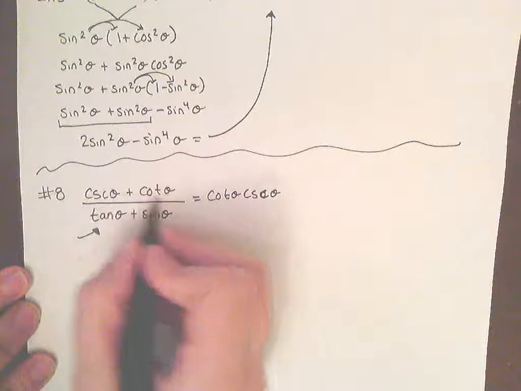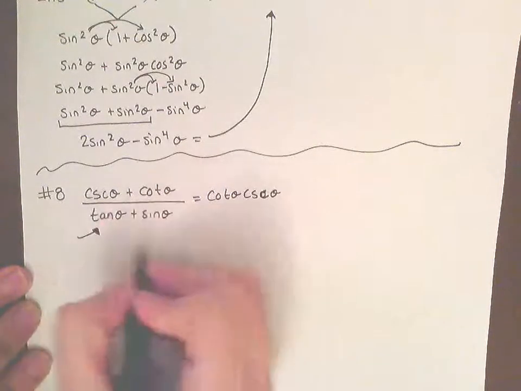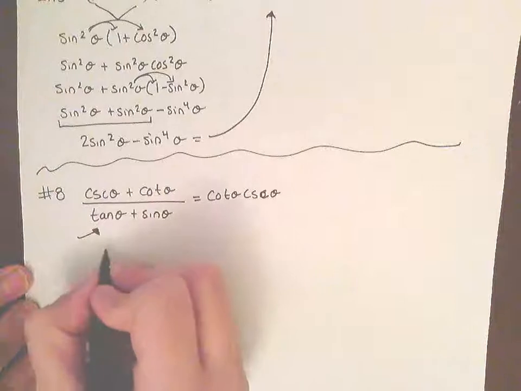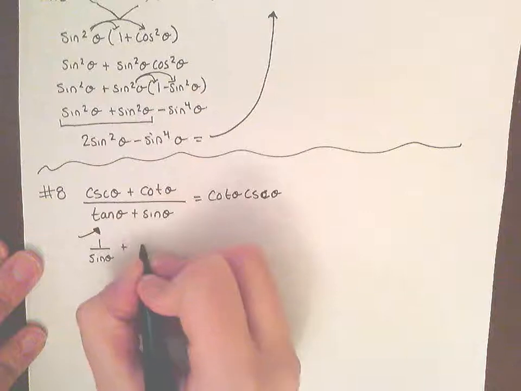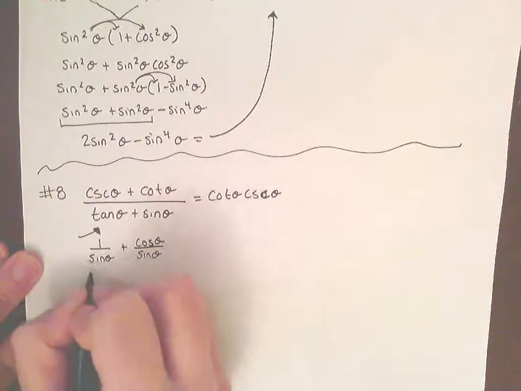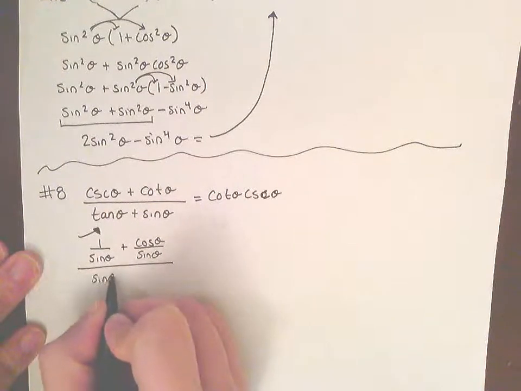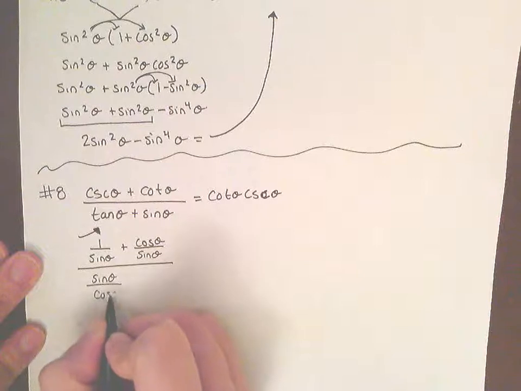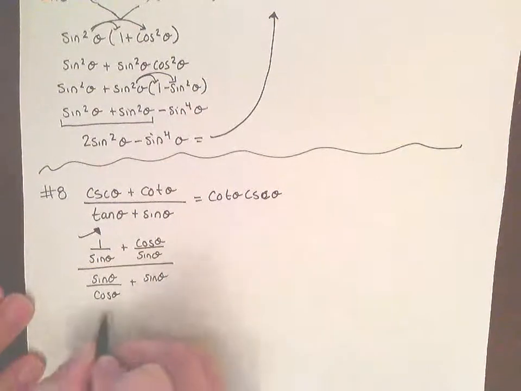And the first thing I'm going to do is convert all of these to sines and cosines. So here I have 1 over sine of theta plus cosine over sine of theta. All of that is over sine of theta over cosine of theta plus sine of theta.